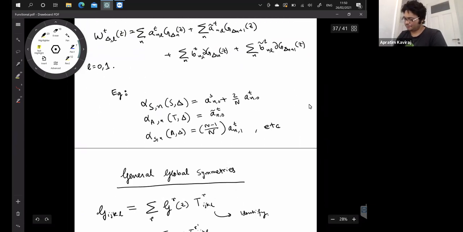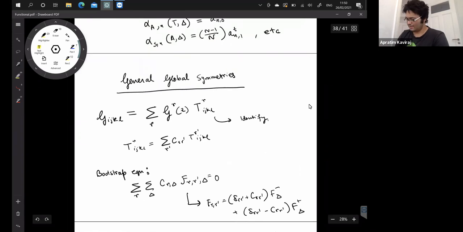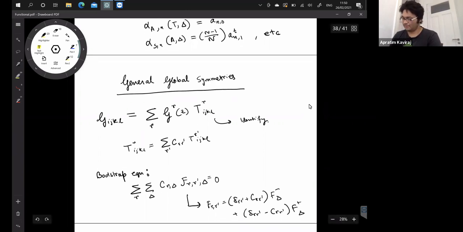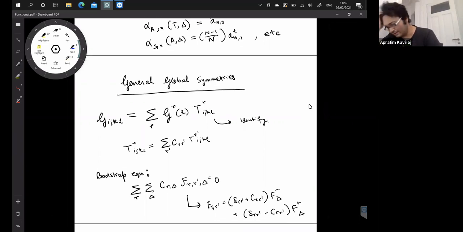And then finally, these are my last 2 slides. I wanted to say how you obtain a general global symmetry, because I promised you that I can obtain general global symmetry functionals, and I just showed you the ON. So let me show you a little bit of how it can be generalized further.